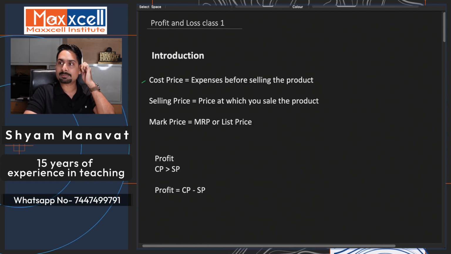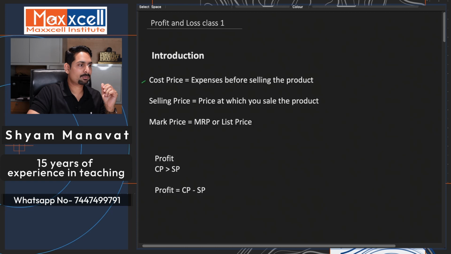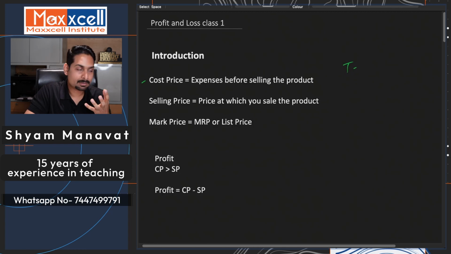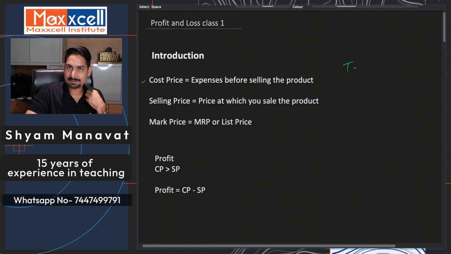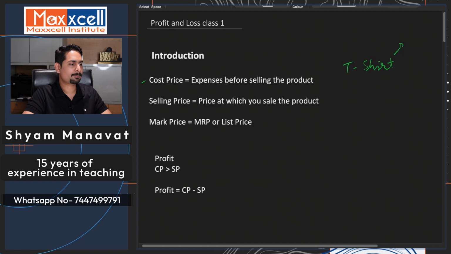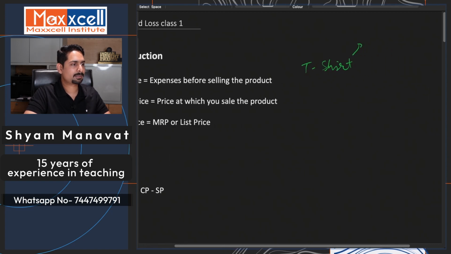For example, say you bought a t-shirt from a wholesale dealer. You are a merchant, a retailer who deals with t-shirts. You purchased a t-shirt from a wholesale dealer for 100 rupees.